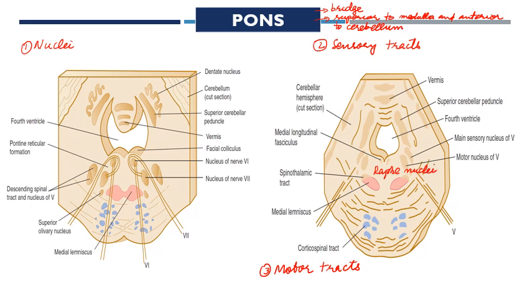These contain serotonin containing neurons that project widely to the cortex, hippocampus, basal ganglia, thalamus, cerebellum, and spinal cord.